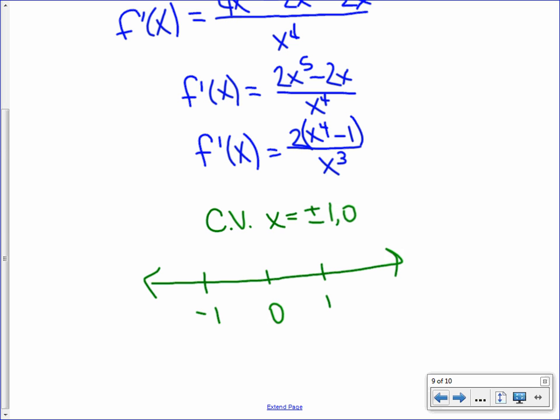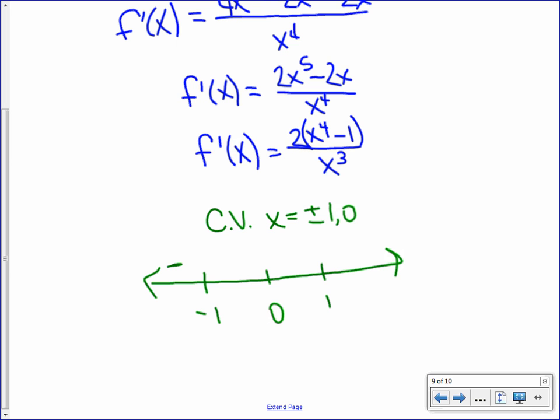Okay, so if we plug in like negative 2, what if we plug in negative 2? Is our derivative going to be positive or negative? Negative, because this would be a positive number, this would be negative. How about negative a half? What would happen in the numerator?